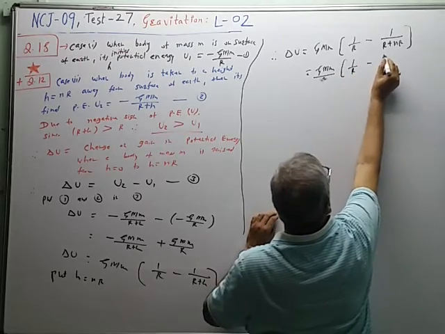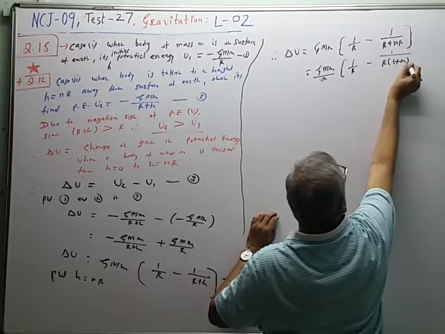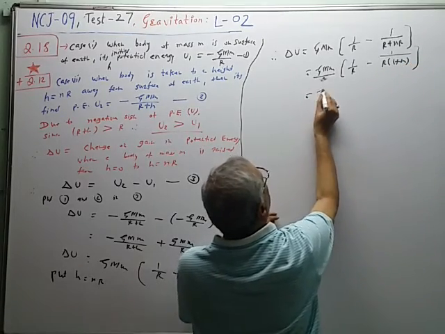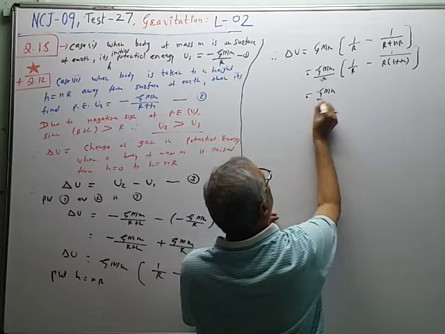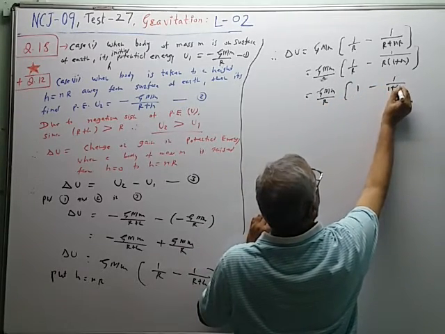GMm upon R into bracket 1 minus 1 upon 1 plus n.